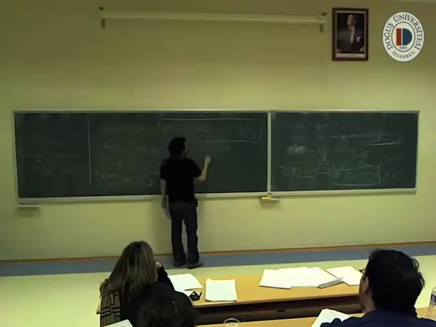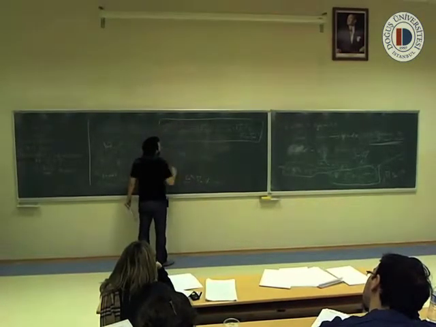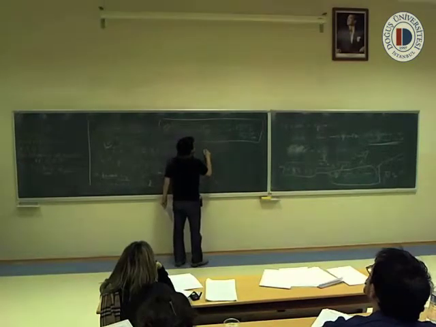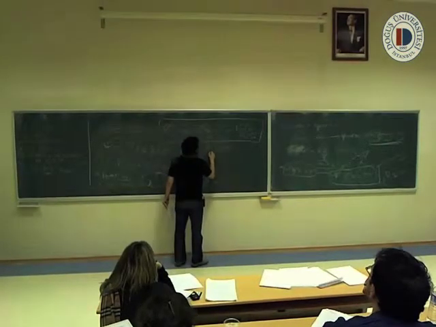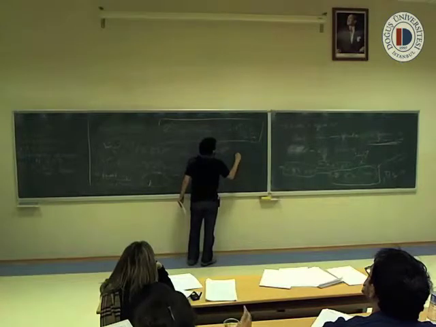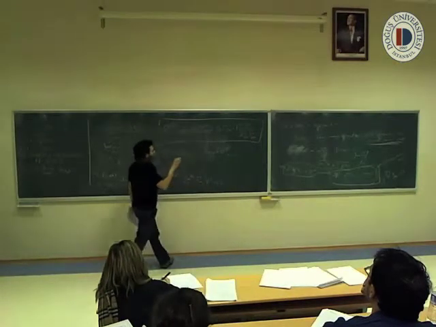You can obtain a two index quantity by contracting, for example, this index with that index. This is the symmetric way of contracting the indices, and then you arrive at R alpha gamma, R mu alpha mu gamma, by this contraction.